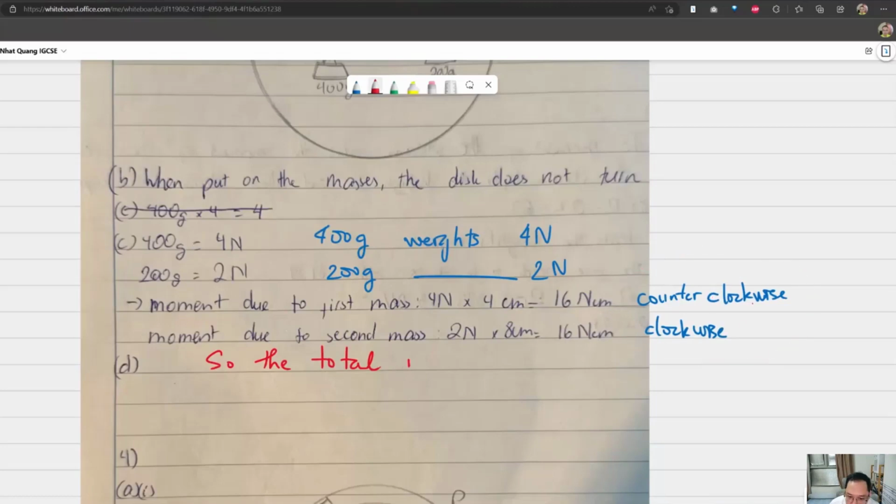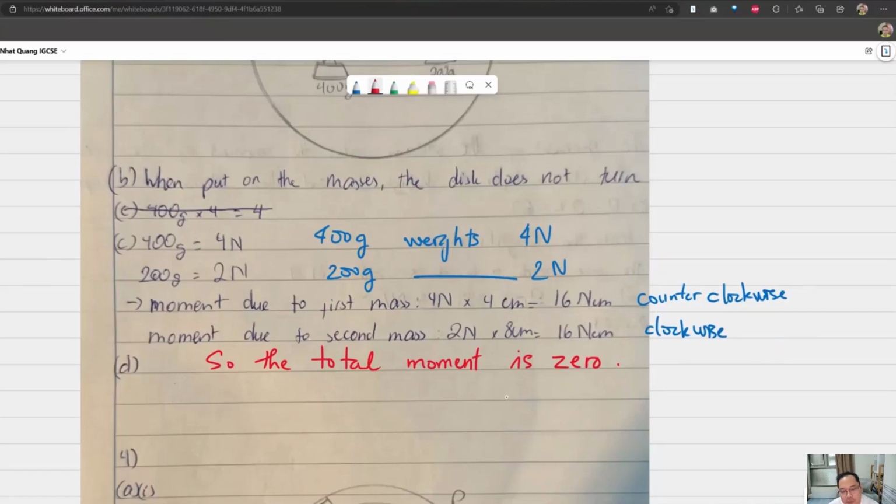Okay, so the total moment is zero, or you can say they cancel each other out. Due to the second mass, you also need to mention their direction to show that they will cancel each other out. It is not enough: there are 2 marks for this question and you get only 1 mark.